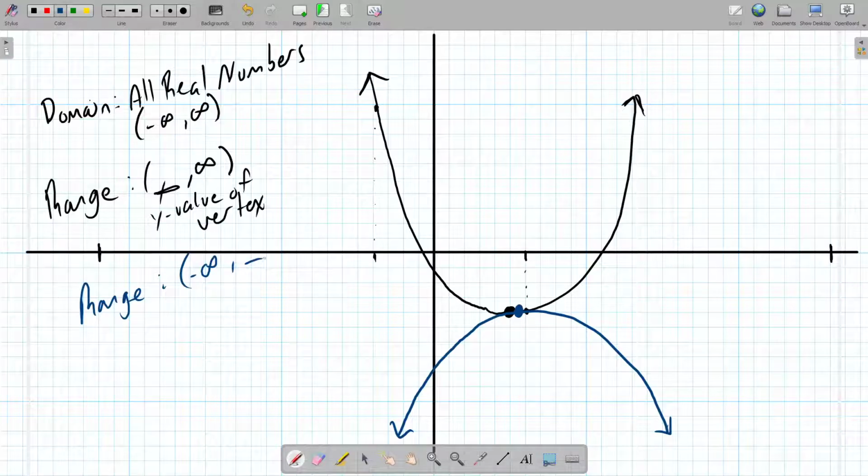So whatever the y value of the vertex is, that would be our highest point in the range. So the domain of parabolas is all real numbers, negative infinity to infinity. The range is going to be from the y value of the vertex to infinity, or from negative infinity to the y value of the vertex, depending on which way the parabola is opening, if it's opening up or if it's opening down.